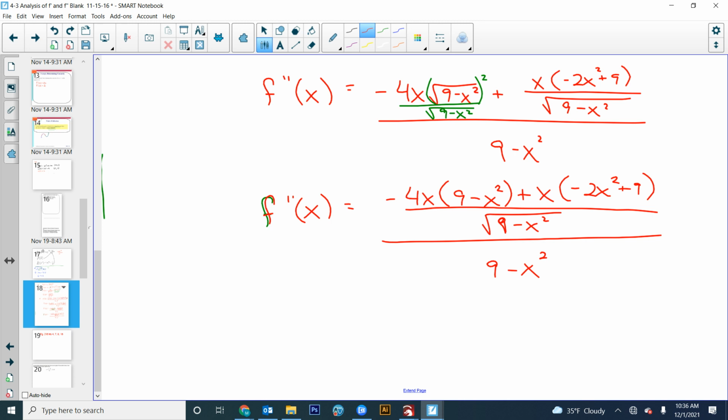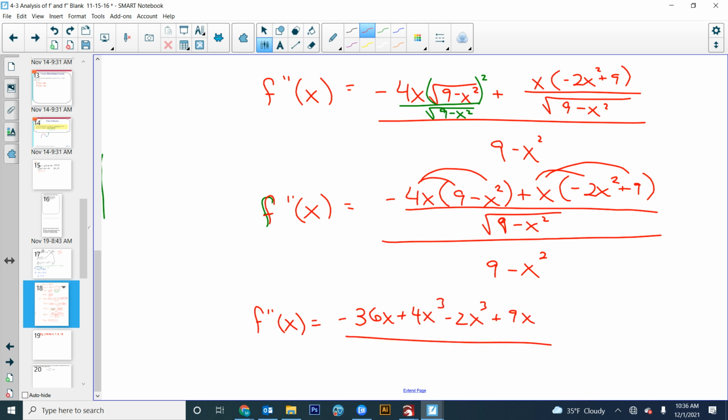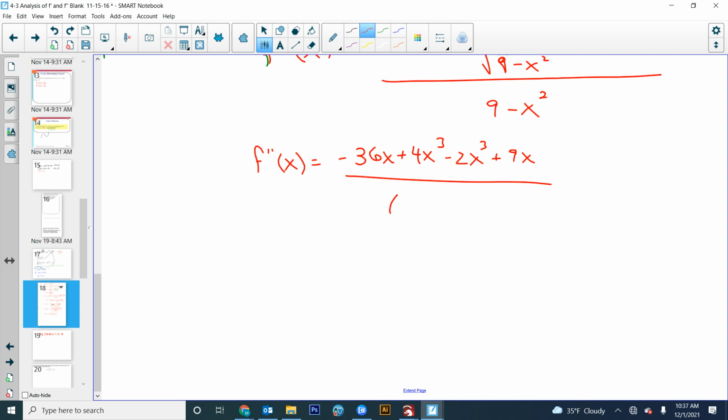You ready for this? Distribute. Distribute. Negative 36x plus 4x cubed minus 2x cubed plus 9x all over, don't hate me, 9 minus x squared.